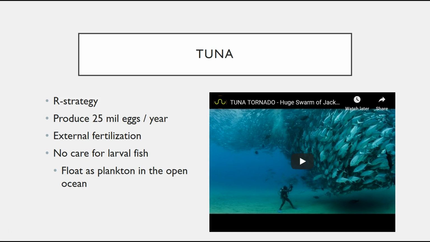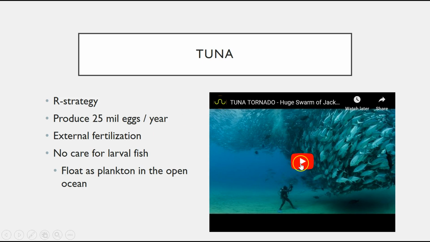So there's zero input into parenting after fertilization occurs. Tuna produce up to 25 million eggs per year, so that goes into putting lots of energy into creating lots and lots of offspring, but not a lot of work into making sure that they actually live. These do external fertilization, and again, there's no care for the larval fish.